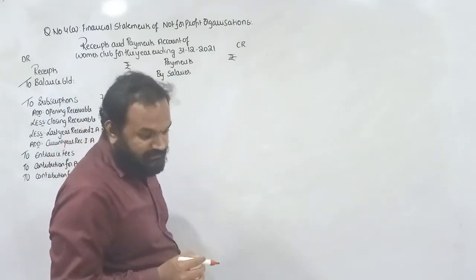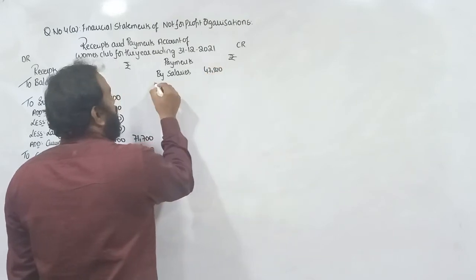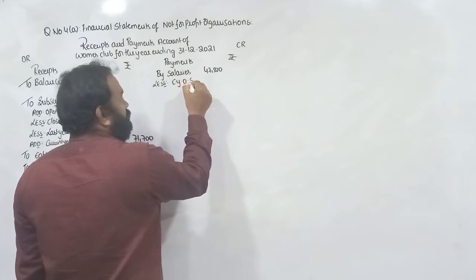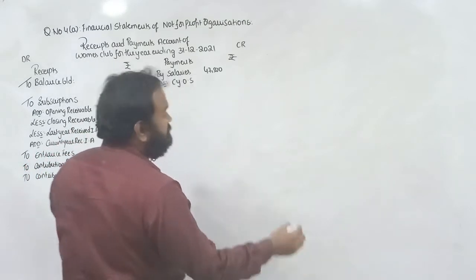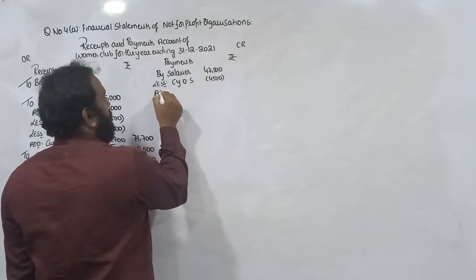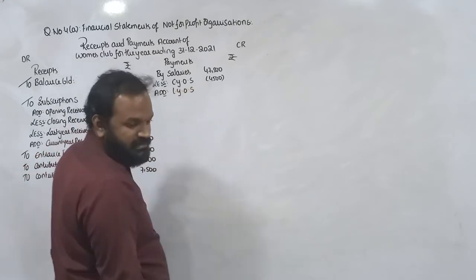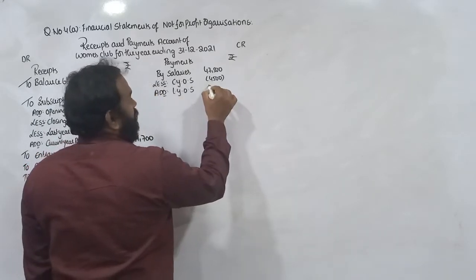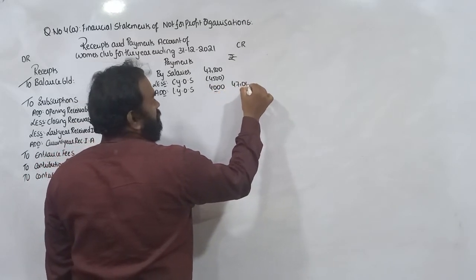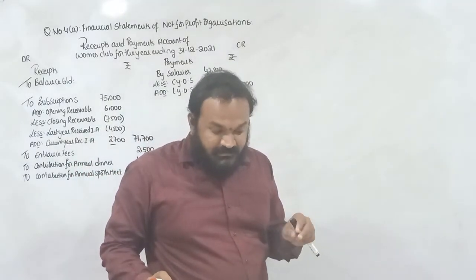By salaries 47,500, less current year outstanding, how much? 4,500. Add last year outstanding 4,000. It's how much? 47,000.